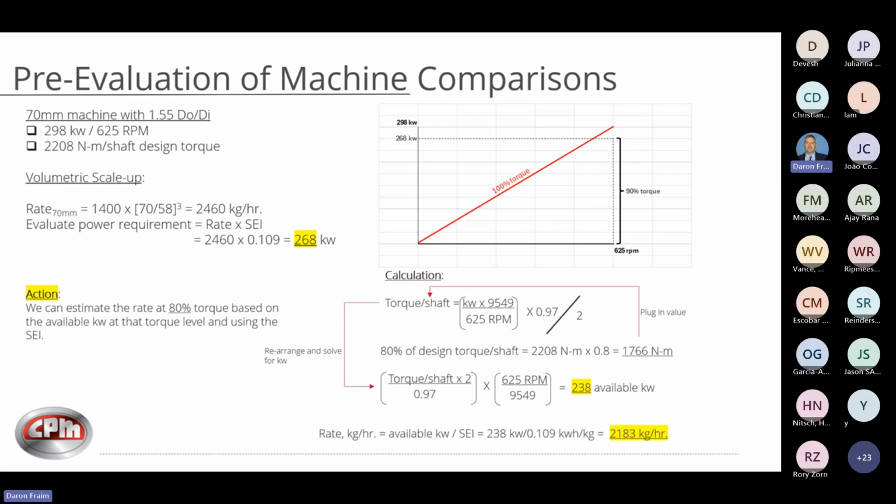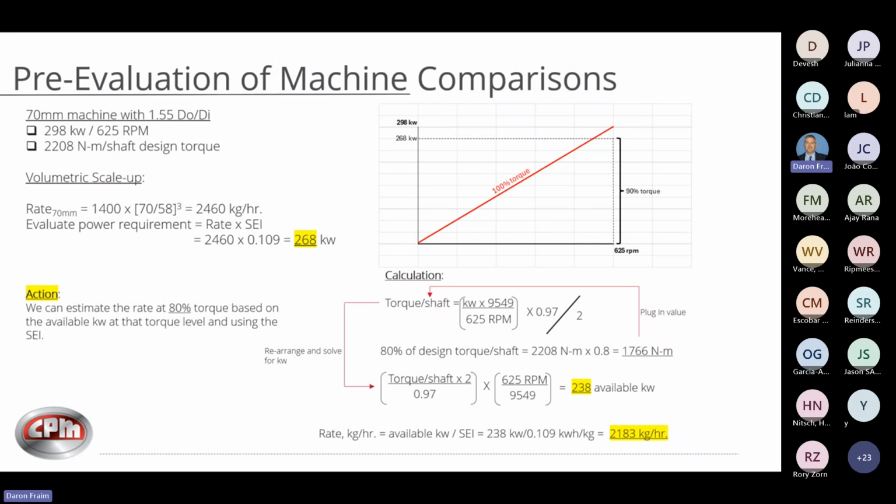And so I can take 80% of that value and say, okay, if I'm going to operate at 80% torque, I need to be operating at 1766 Newton meters per shaft. Then I can plug that value back in, rearrange the equation to calculate kilowatts and say, okay, what's my available kilowatts at that 80% torque?